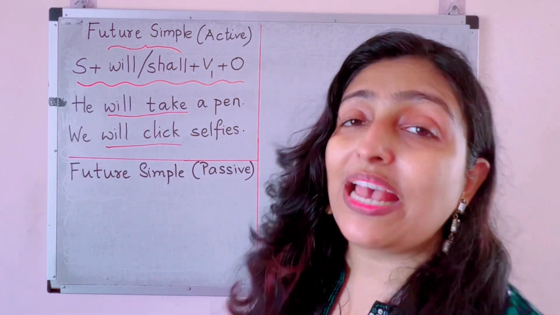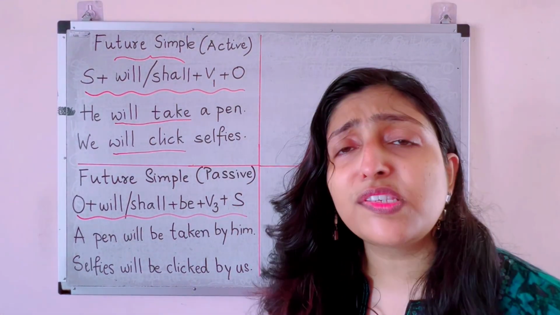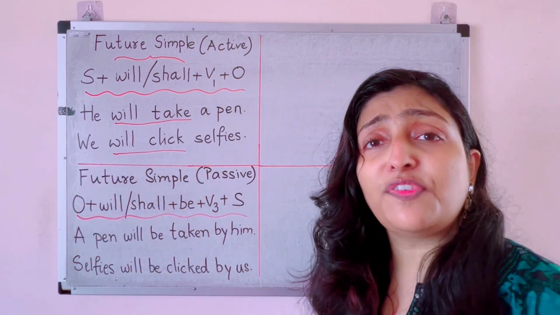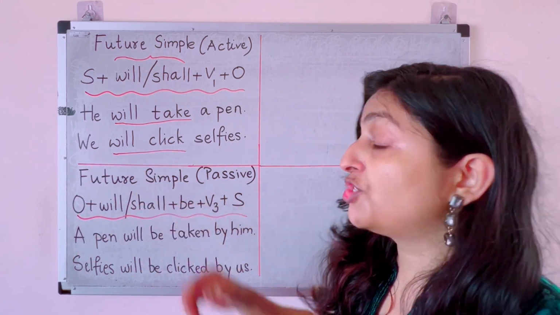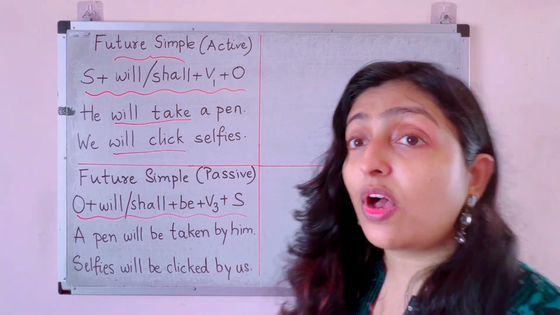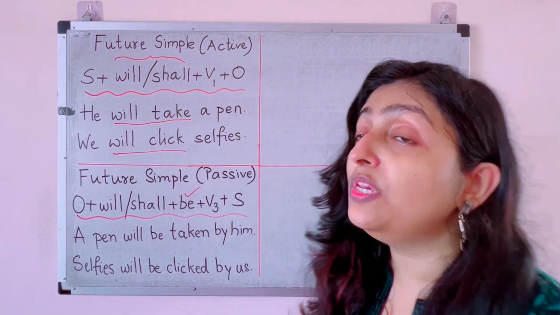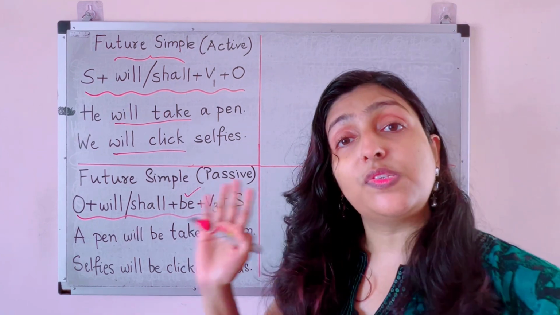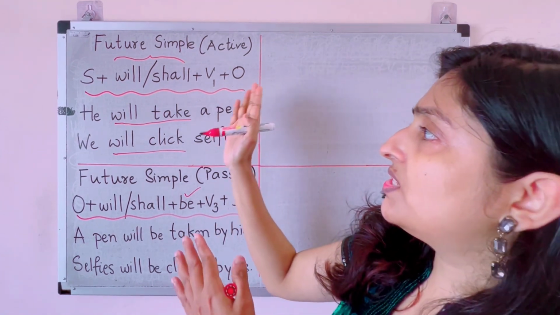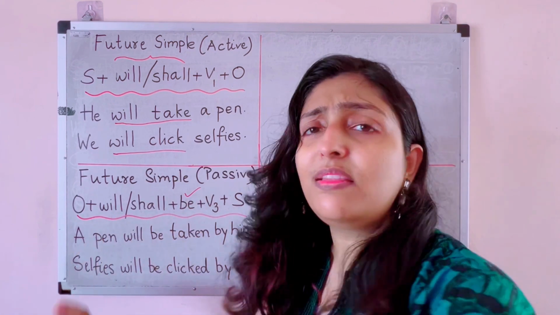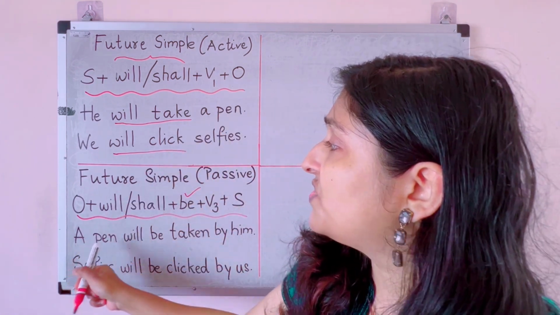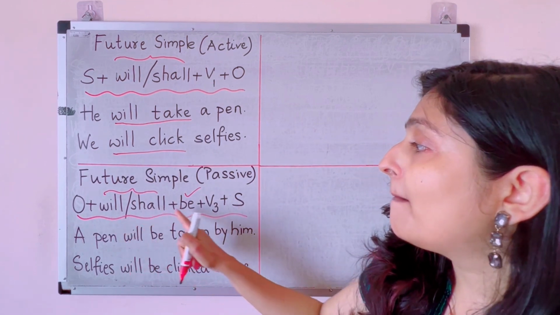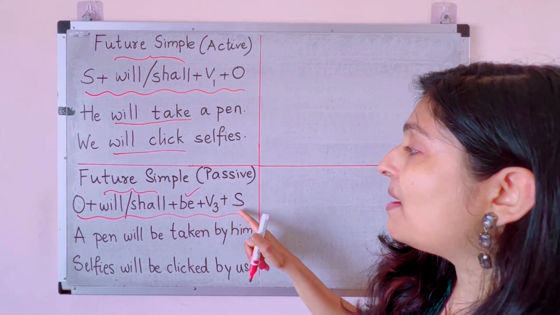Moving on to the passive form. Passive voice of future simple, the rule is object comes first plus will or shall. There is an extra word you have to add, that is BE plus V3 plus subject. So let's see. He will take a pen. A pen, that is the object, comes first. You need to choose one from this. Will be taken by him.